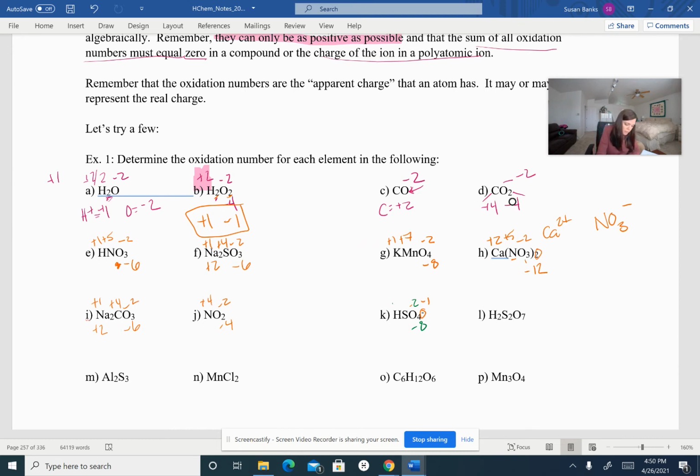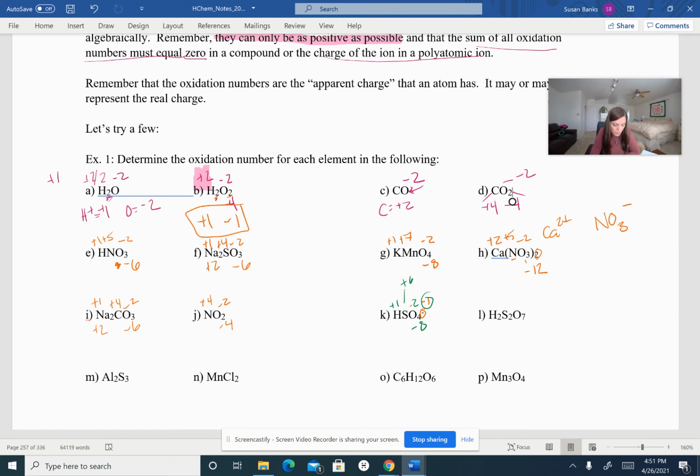Hydrogen's a +1, so +1 plus -8 gives me a -7, and I need to get that to add up to -1. So what plus -7 adds up to -1? Did you have +6 for your sulfur? And does sulfur have 6 valence electrons? It indeed does. So we can do that.